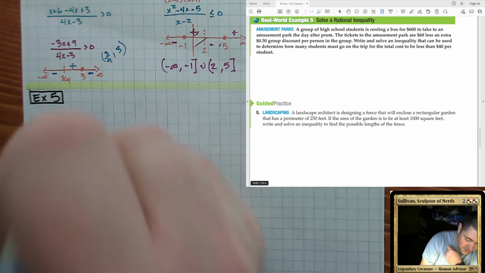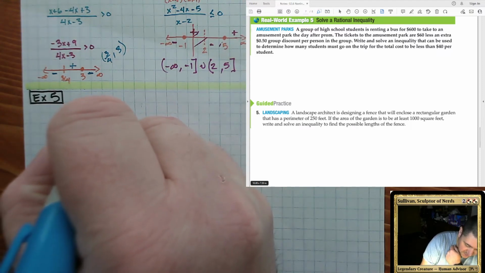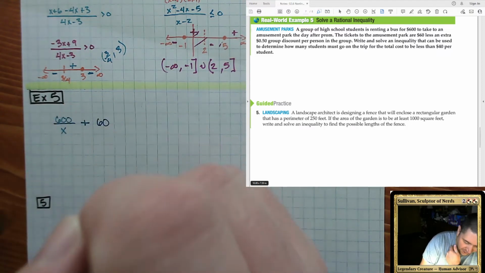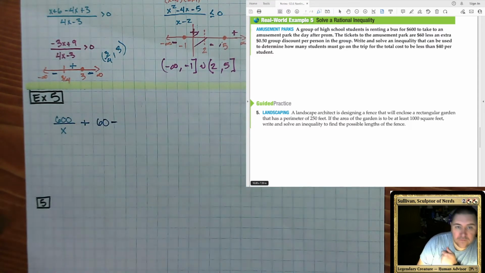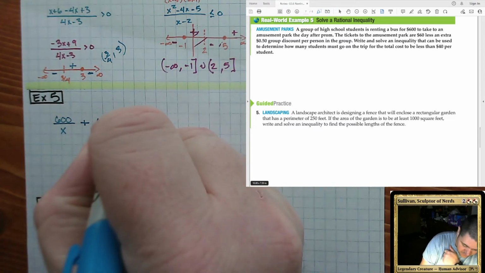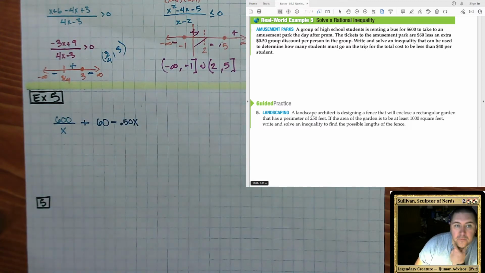They're also going to have to pay for their ticket. Their ticket is going to be $60 minus a 50-cent group discount per kid.